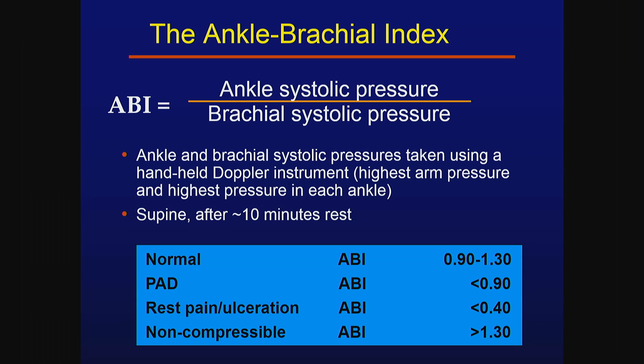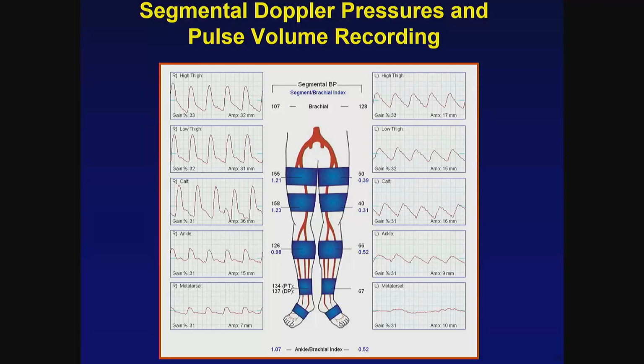Those patients will have an ABI of greater than 1.3, and there is a signal that those patients also have a higher risk of arterial, vascular, and cardiovascular events associated with the arterial calcification.